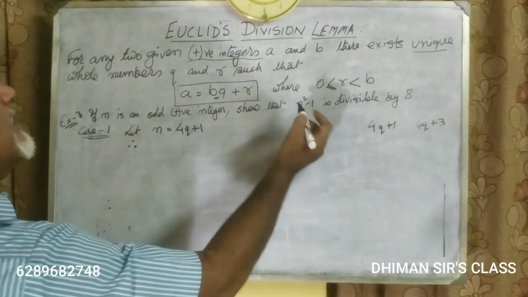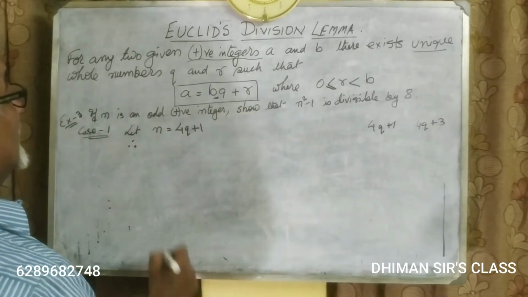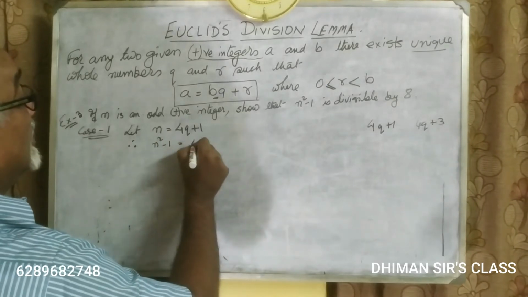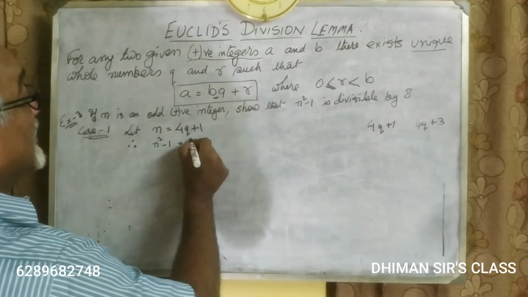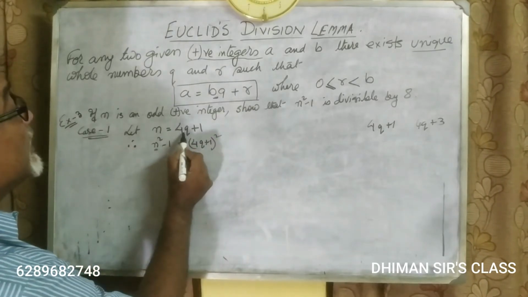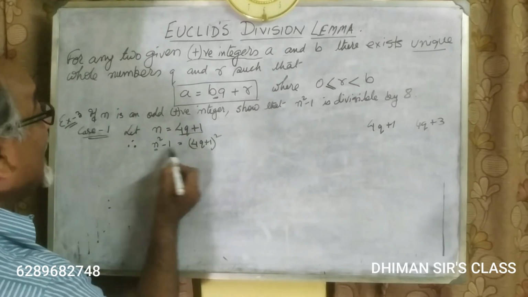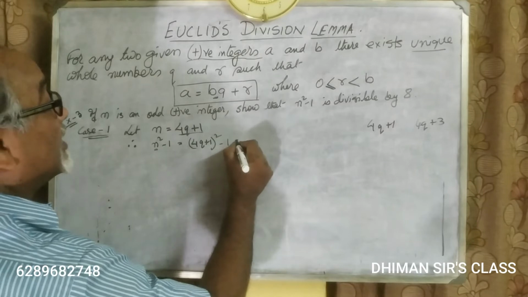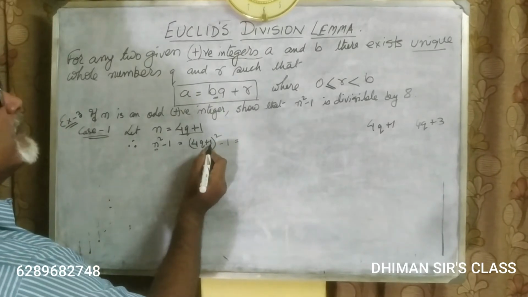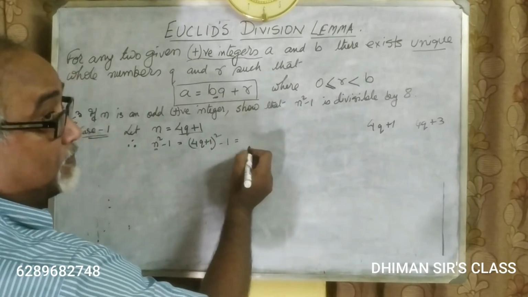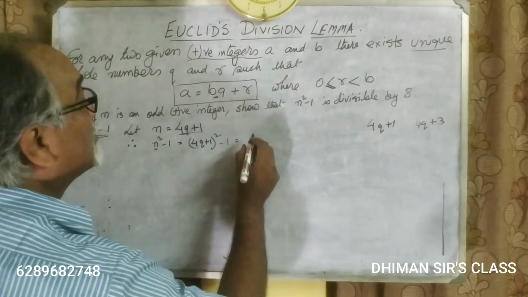Therefore, we are given n square minus 1. So, n square minus 1 is equal to (4q plus 1) whole square minus 1. In place of n, we are putting the value 4q plus 1 and then squaring. (a plus b) whole square means a square plus 2ab plus b square.